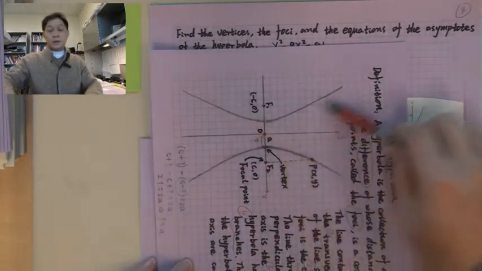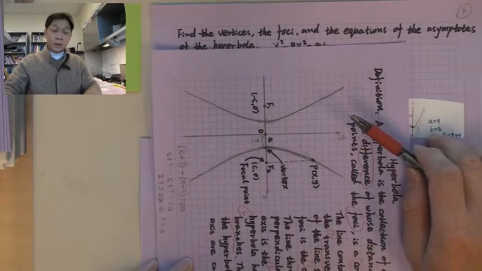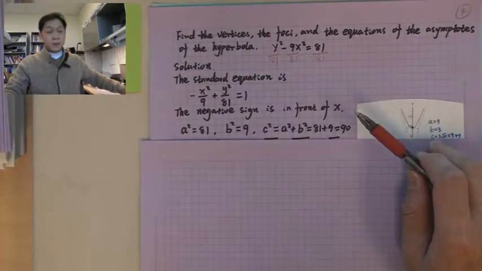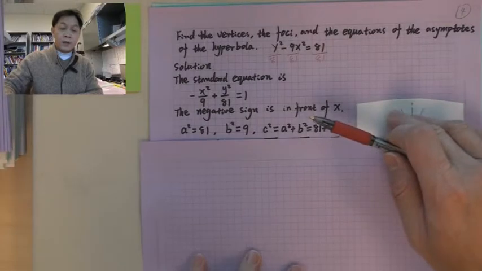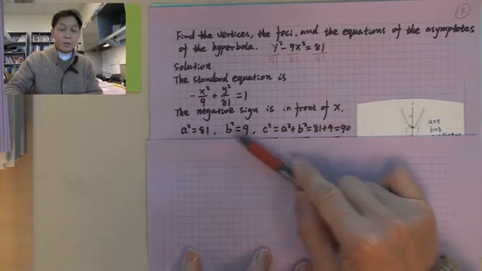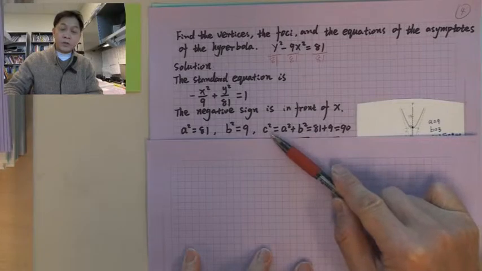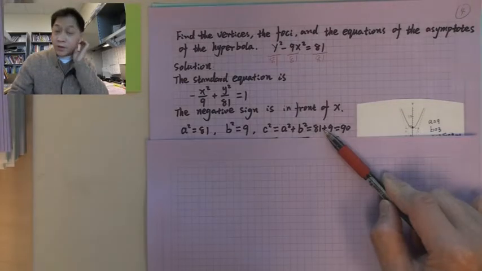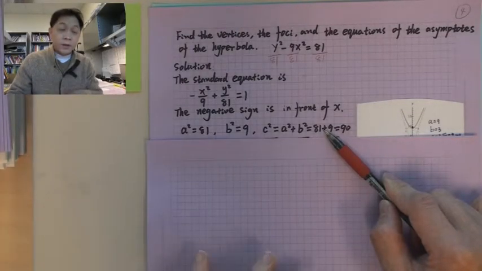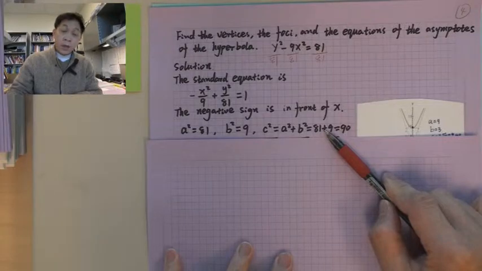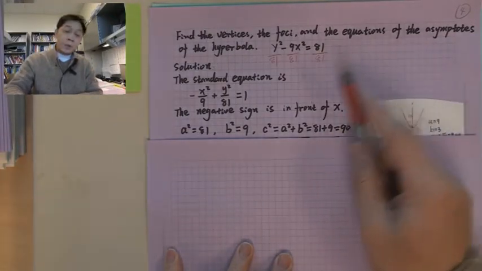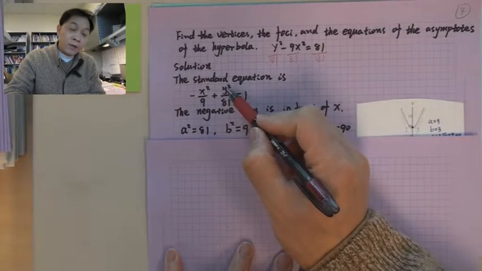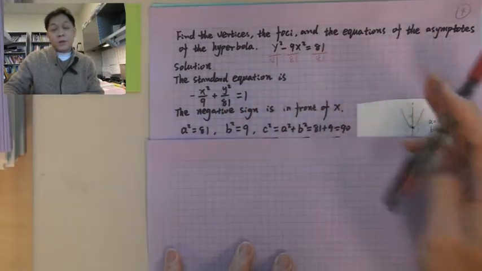So the hyperbola will be like this. That's different now. Now we have a squared plus b squared is always c squared. But remember in this case our foci and the vertices are all on the y-axis now, because in this case y squared is positive.